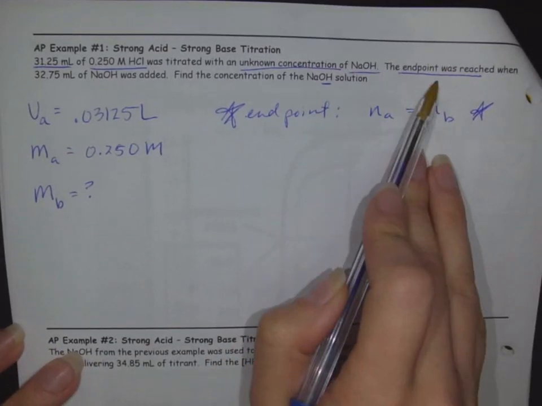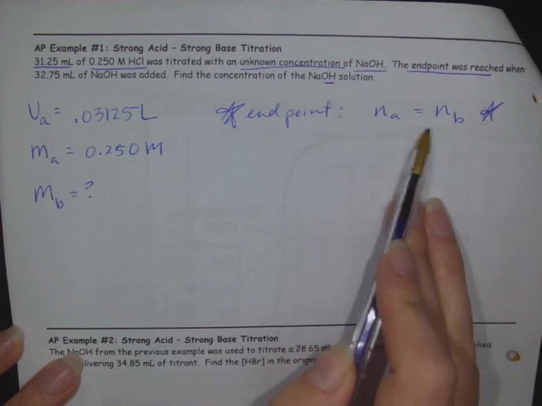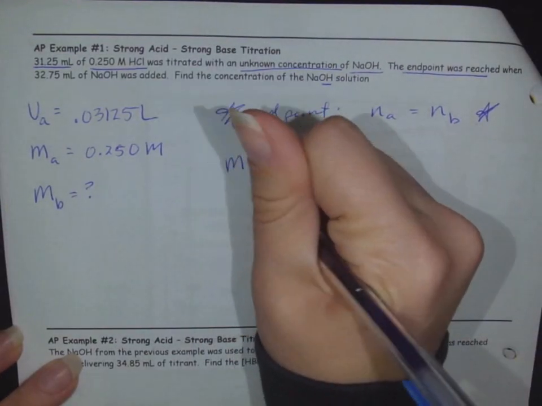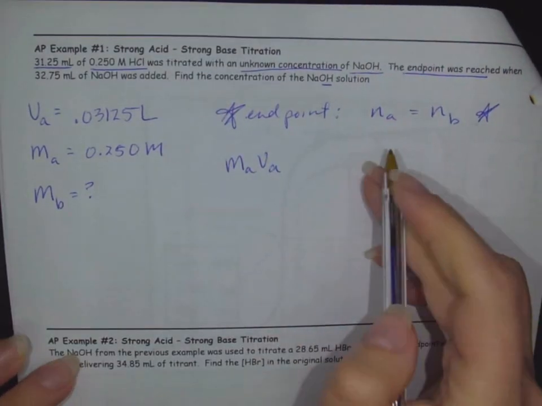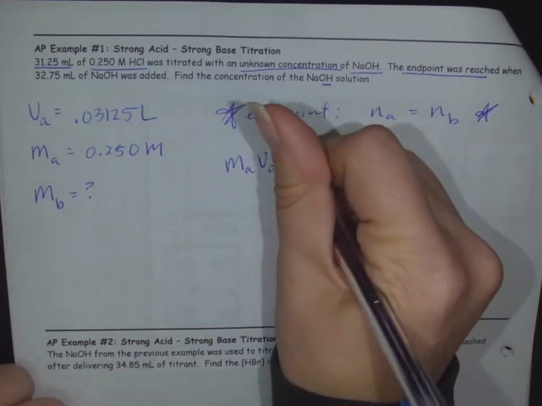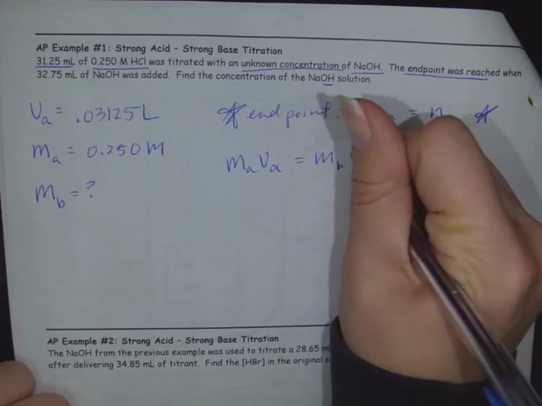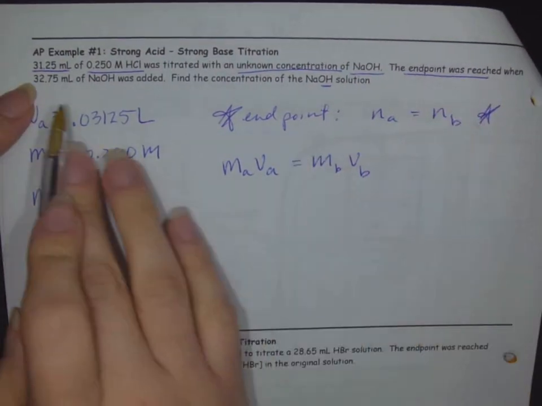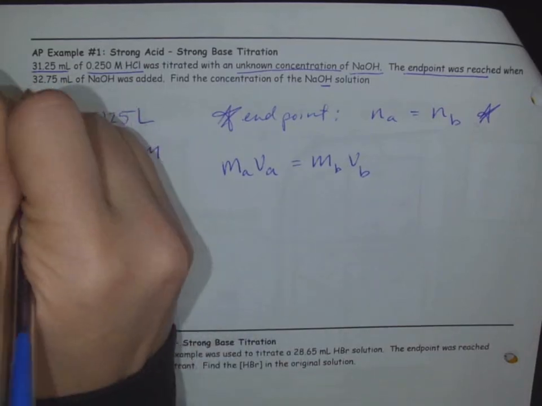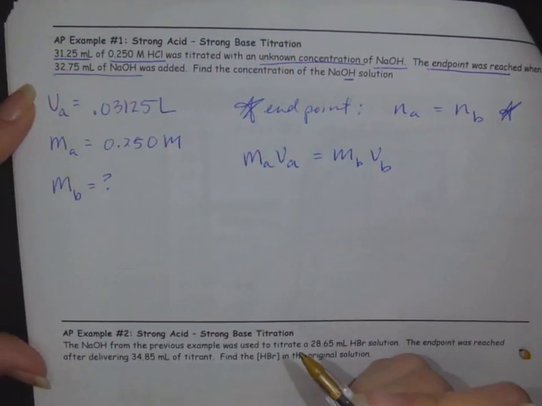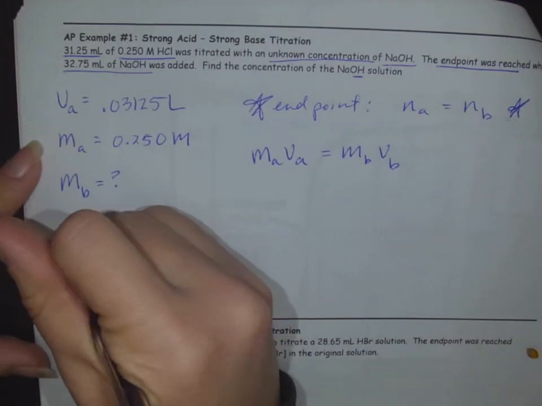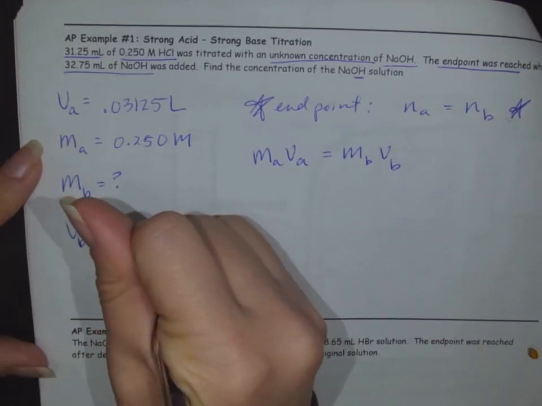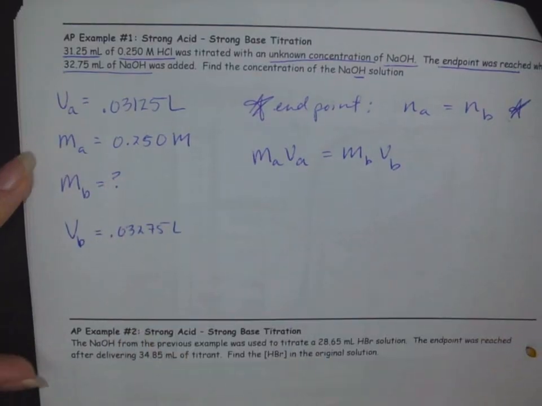You need to say, hey, we're at the end point, and this is when the moles of the acid equals the moles of the base. So that's why I can say molarity of the acid, volume of the acid, because that equals moles of acid, equals molarity of the base, volume of the base. Okay, let's keep going. When 32.75 milliliters of sodium hydroxide is added, the volume of the base is equal to 0.03275 liters.